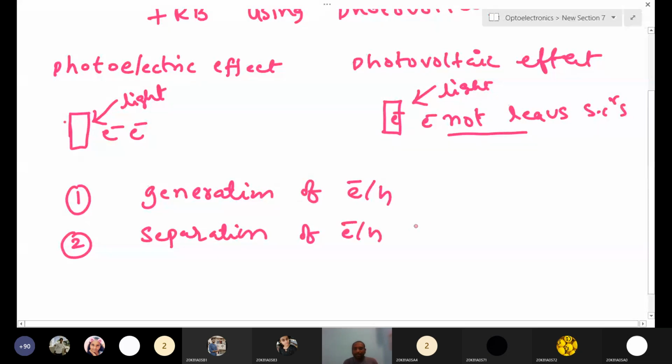How are you separating them? What are you using to separate these electrons and holes? What parameter are you using in solar cells or whatever? Please tell me.